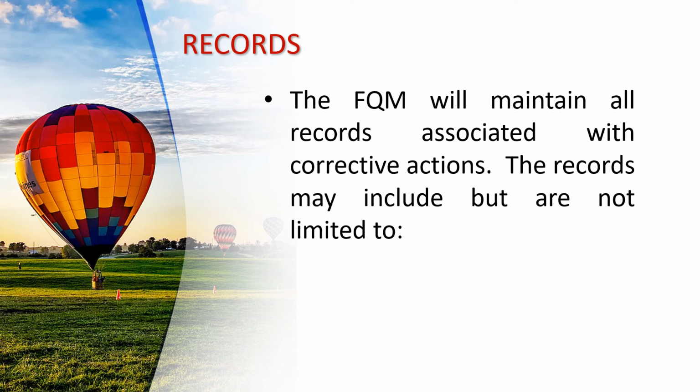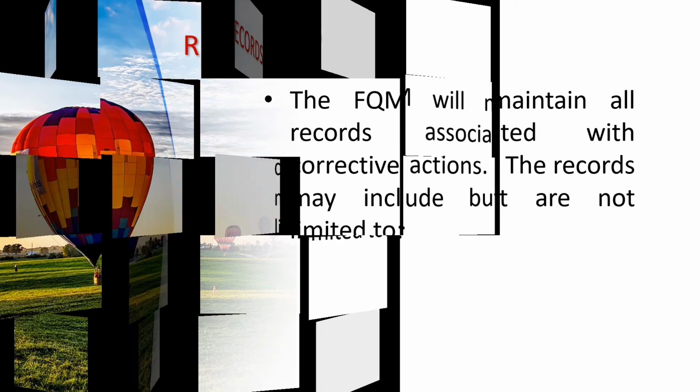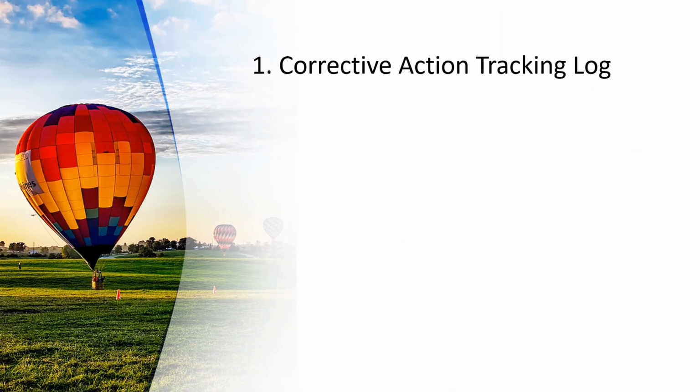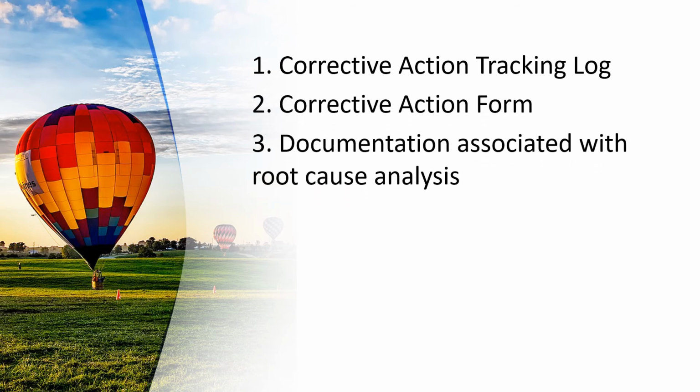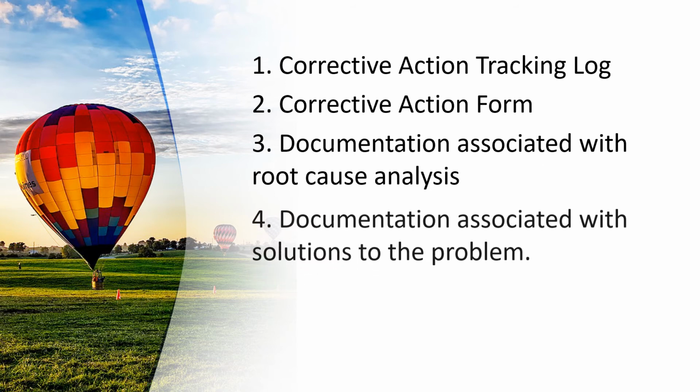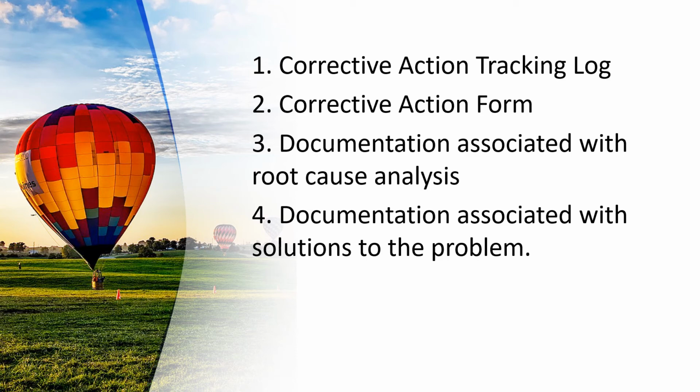Okay, in terms of records, the FQM will maintain all records associated with corrective actions. The records may include but are not limited to: number 1, corrective action tracking log; 2, corrective action form; 3, documentation associated with root cause analysis; and number 4, documentation associated with solutions to the problems.